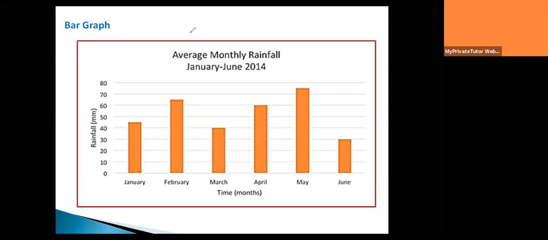Okay, just a moment. So it has the x-axis and y-axis, that's the basic thing. In the bar graph which is shown, the x-axis is the month names, and the y-axis represents the total rainfall.